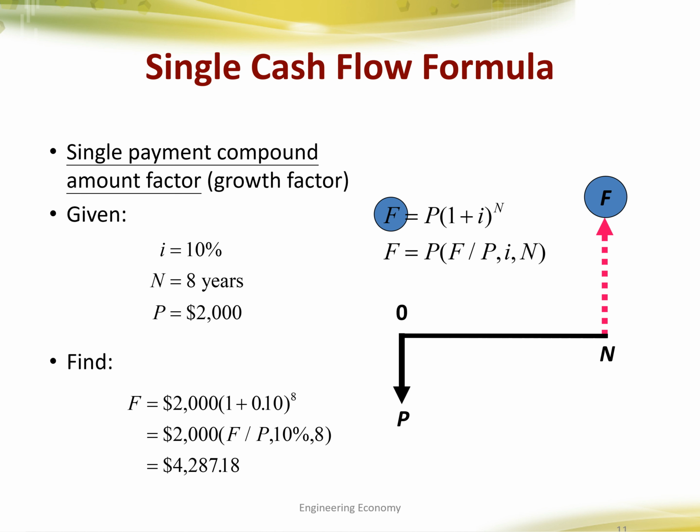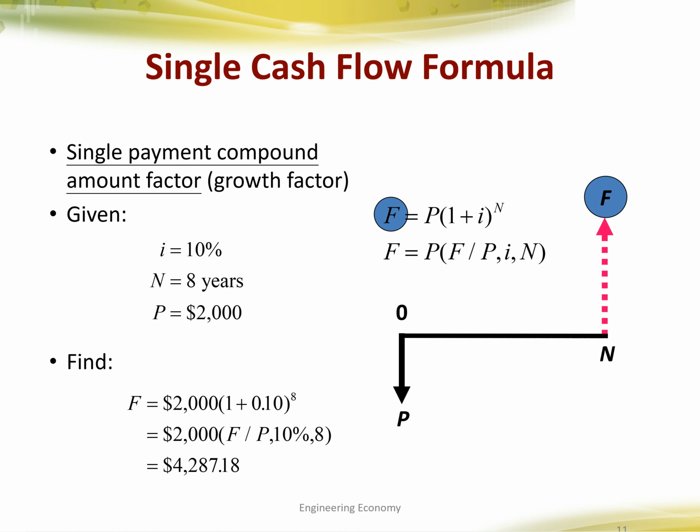Again, previously we have sort of shown this already. Now it also comes to the point where we want to use a symbol to represent it. Here we have a very similar case where we have payment at the present time, and we want to know its future worth so that we can repay it.